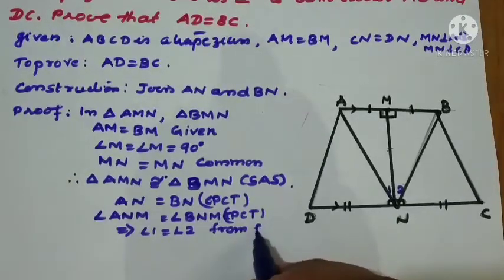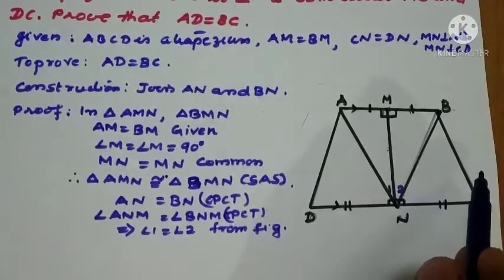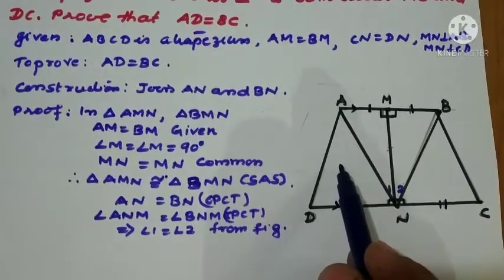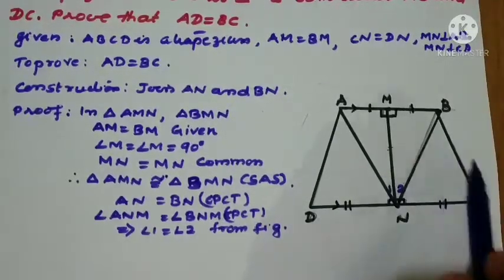Now what is next? We should prove that AD and BC are equal. So AD as one of the sides, we should choose the triangles, that means triangle AND and similarly BCN.